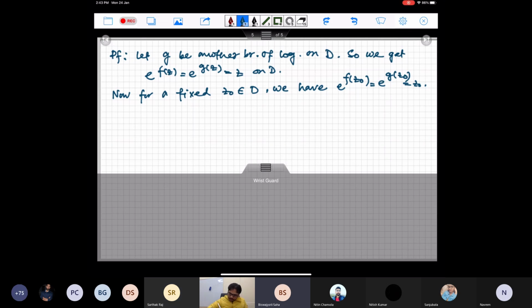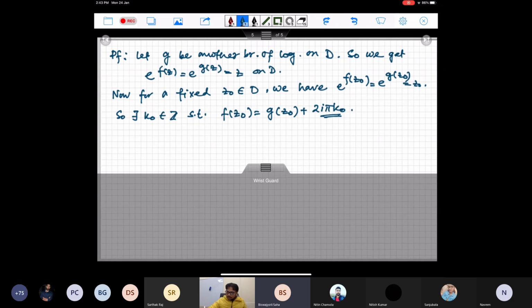So there exists k_0 in Z such that f(z_0) is equal to g(z_0) plus 2iπk_0. At least for any fixed z_0, I have this phenomenon. The k_0 might depend on z_0, but I get f(z_0) equal to g(z_0) plus 2iπk_0. That's just from the property of the exponential function.